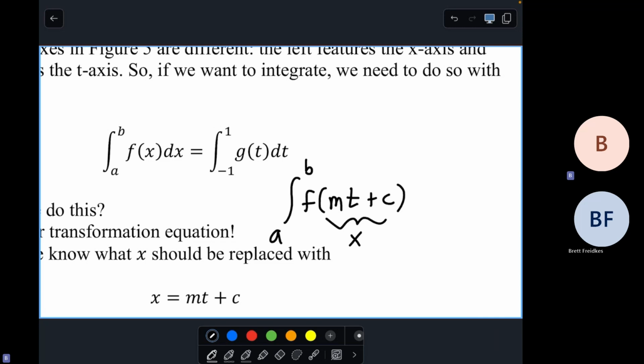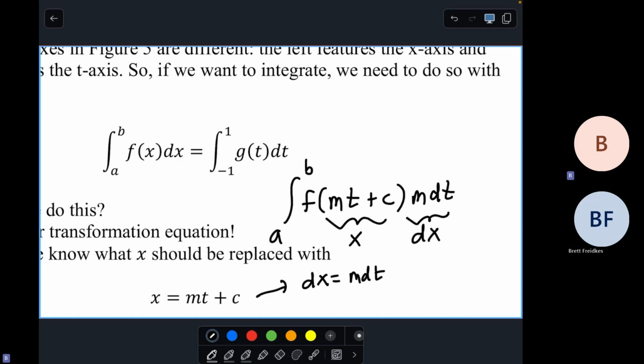And now I need to multiply by what? I'm missing dx right now, right? This is what I'm missing. If you look at this bottom part, we see that dx is going to be what? m dt. So this will be m dt. This whole thing was dx.